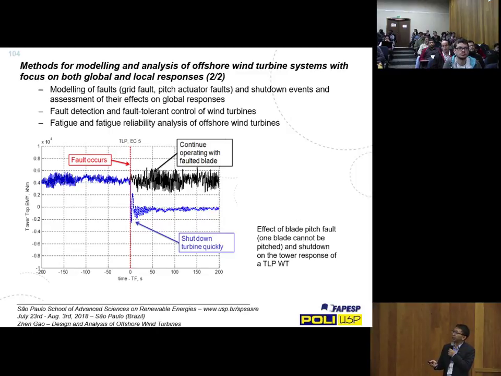If we identify this event, then we try to shut down by pitching the other two blades so that you get a drag that slows down the rotation, and then you bring the turbine to a safe non-operational condition where you have small loads. This type of analysis is also run because it is required for design analysis.